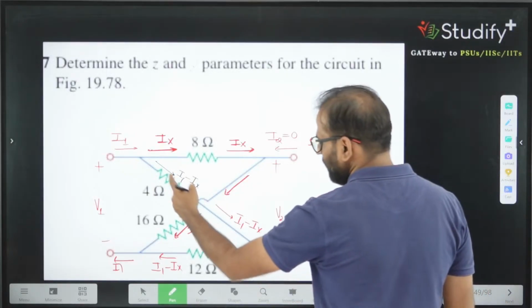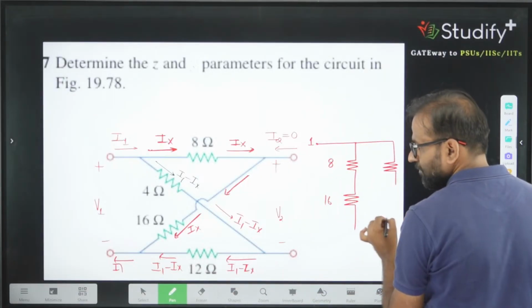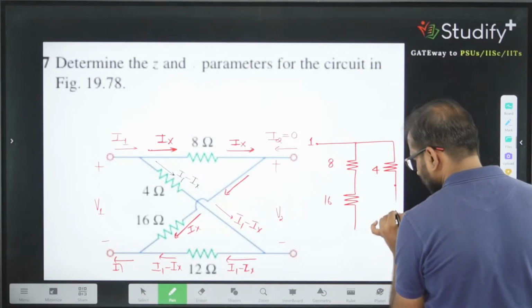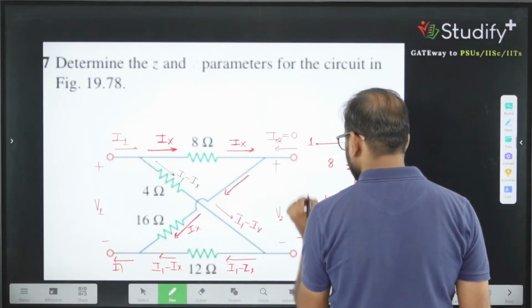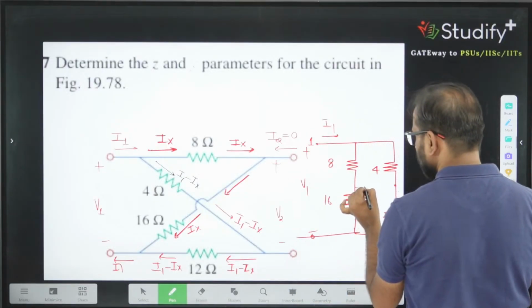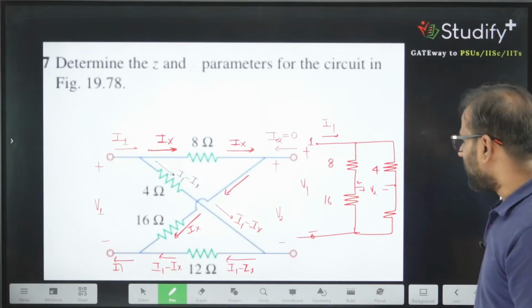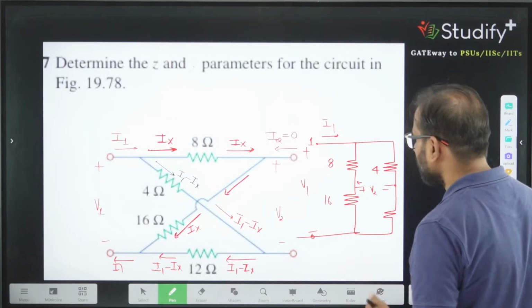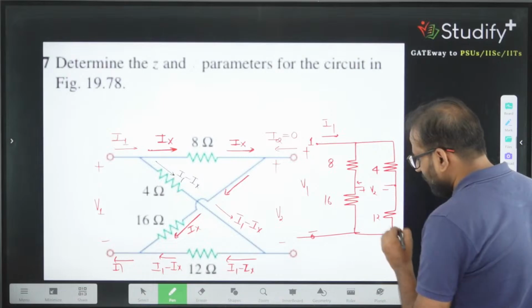Another branch is having 4 and then 12. This value is V1, this value is I1, and they are calling this current 0, this is plus minus of V. Now we can calculate 8 plus 16 is 24, and this value is 4 and 12. So what is the current in this branch?